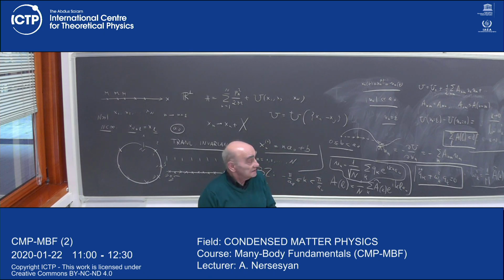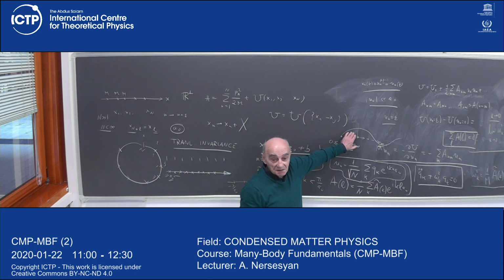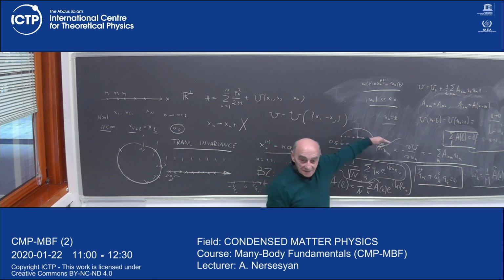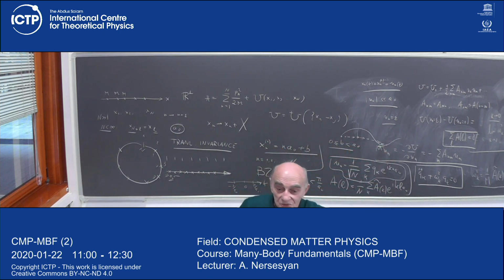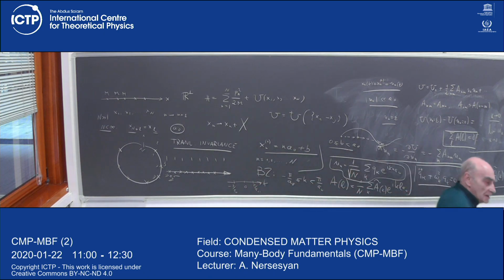Now it's easy to understand that if the wavelength becomes infinite, then you have the shift of your atoms either to the left or to the right, but this will not depend on which atom you are looking at. All of them will shift in the same way. Therefore, it's quite a general statement for any wave process: any wave with infinite wavelength describes a uniform transformation. For the lattice, it will be a translation. For a magnet, it will be a uniform rotation, and so forth and so on.